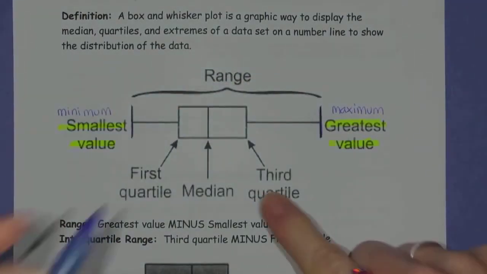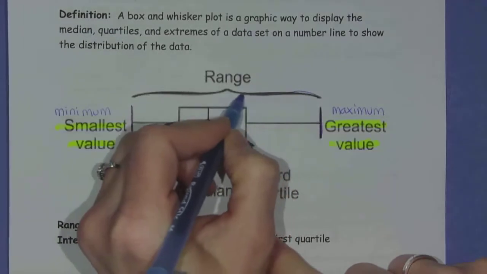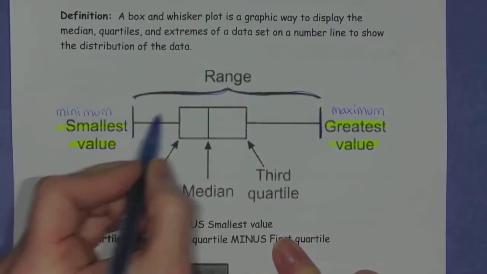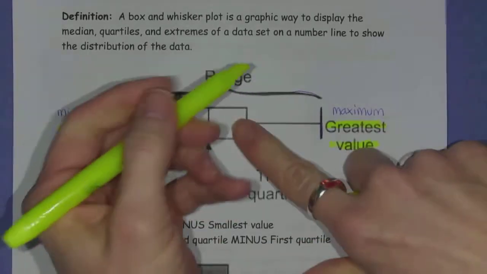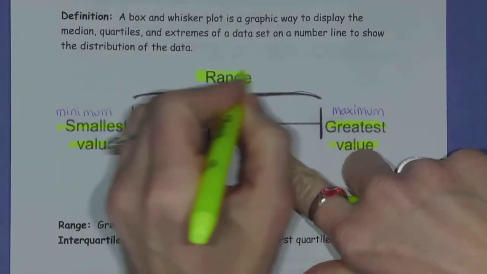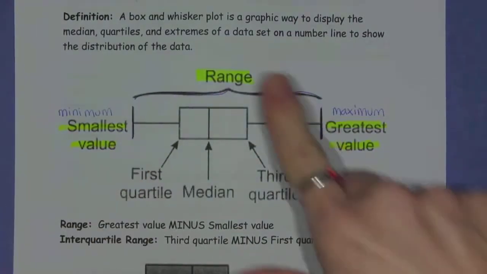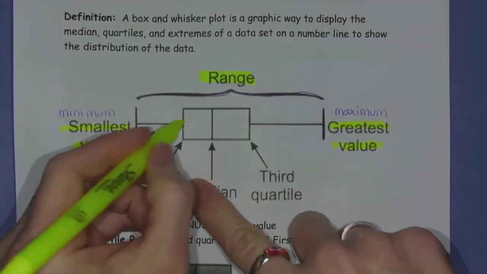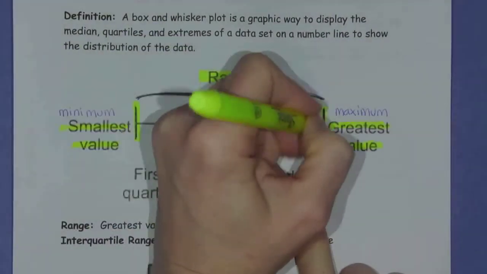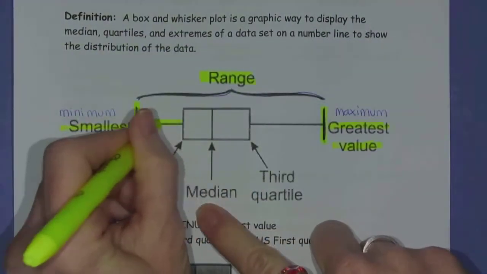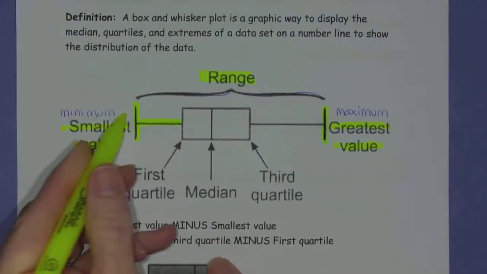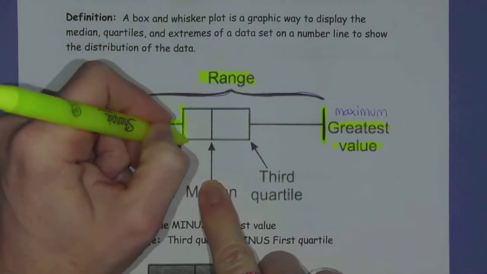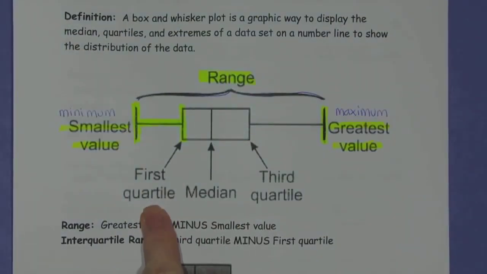Now you can see they've got the distance here between the two. The highest to the lowest is called the range. And we already know the range is the highest minus the lowest, or the distance between the two. So they've got that marked. Now they've got this horizontal line segment, which measures the distance from the smallest value to what they're calling the first quartile.